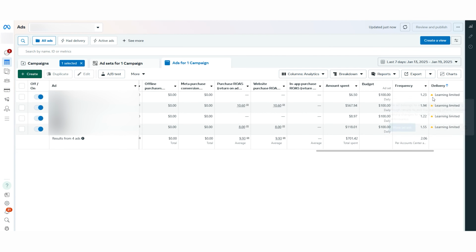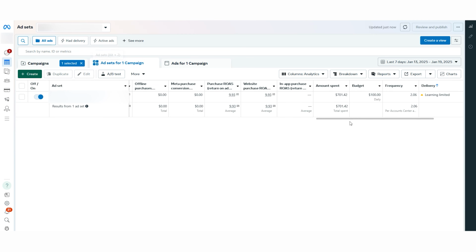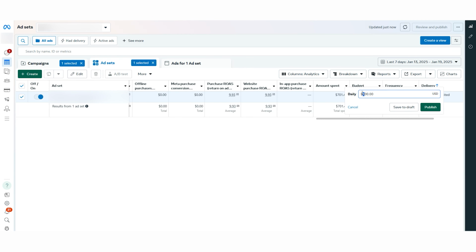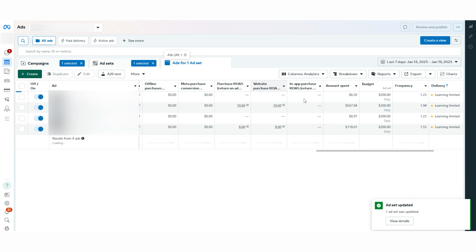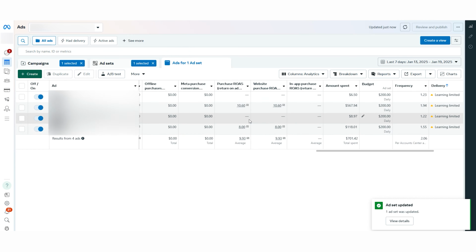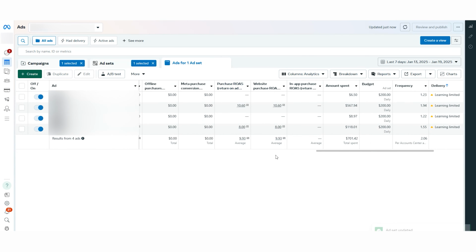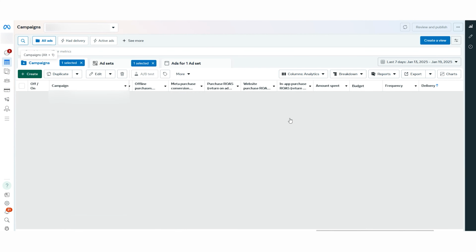I don't care so much about Learning Limited, but for sure, in this case, I would take it immediately to 200, okay? Because over here, we can see that both of these are very strong. These are not taking any budget, doesn't matter, but this is a strong ad and a strong campaign, which makes no sense for me to keep it on 9.9.